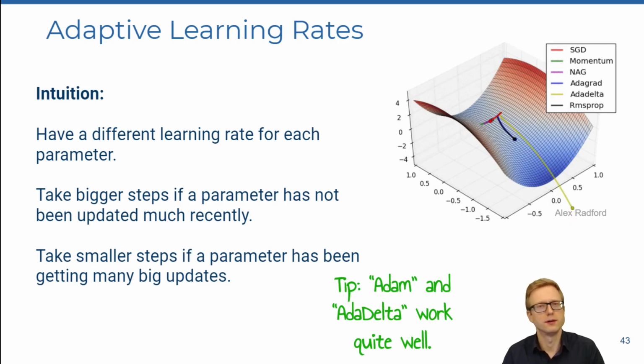At the same time, if a parameter is bouncing around rapidly between different iterations and making really big updates, then we might want to decrease the learning rate for that parameter to calm it down and allow it to find the minimum point in that dimension.